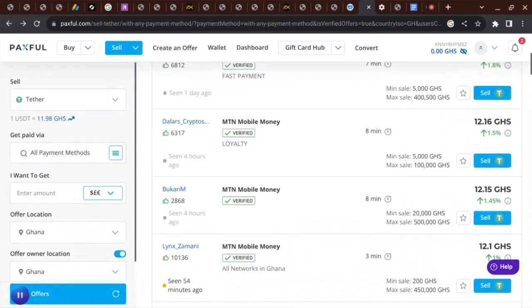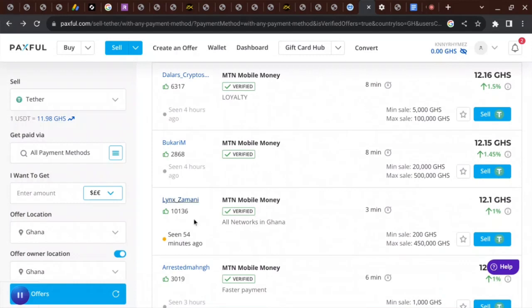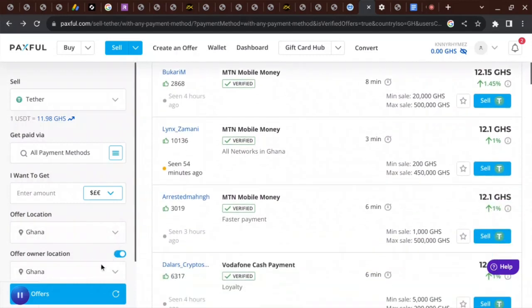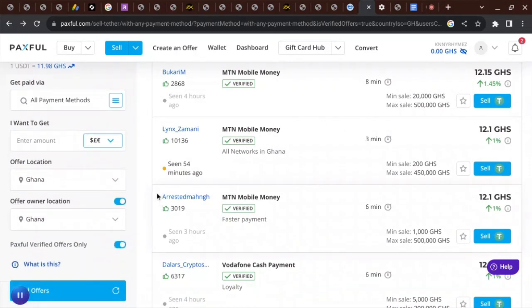The reason why we have trusted offers and the other offers is that the trusted offers are of people who have done a lot of trades over here, and the new offers are people who just joined.